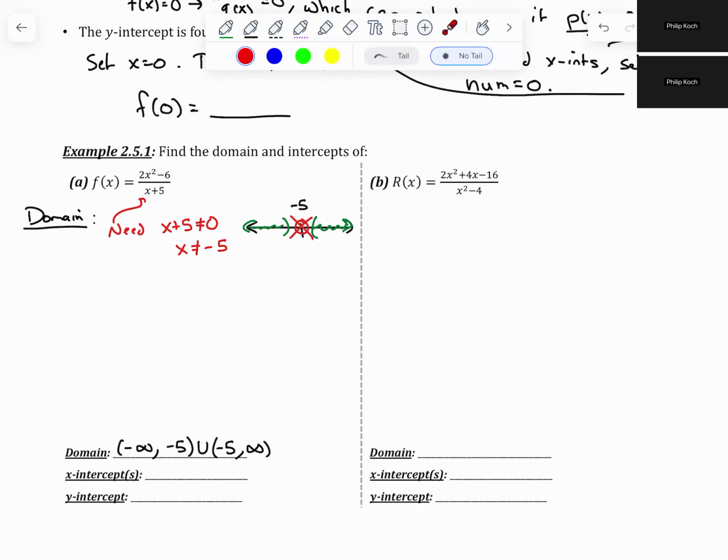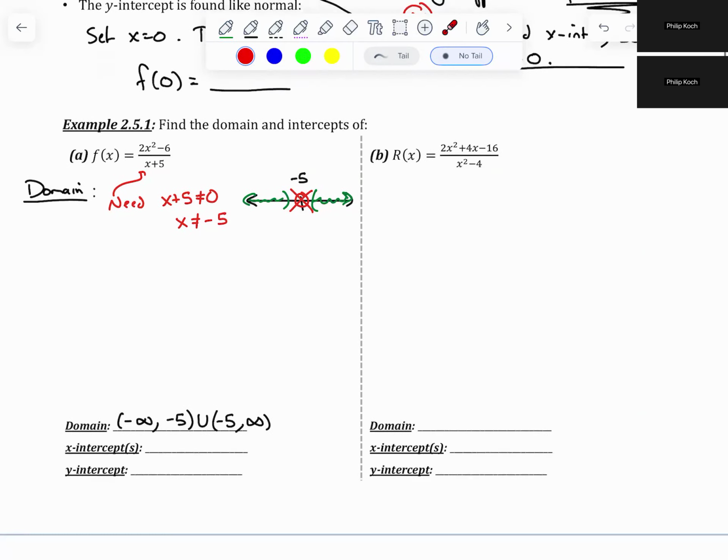Then we talk about x-intercepts and y-intercepts. So let's start with x-intercepts. You're setting y equal to 0, which is the same thing as setting the function equal to 0, because remember, y and f of x are synonymous. They mean the same thing.